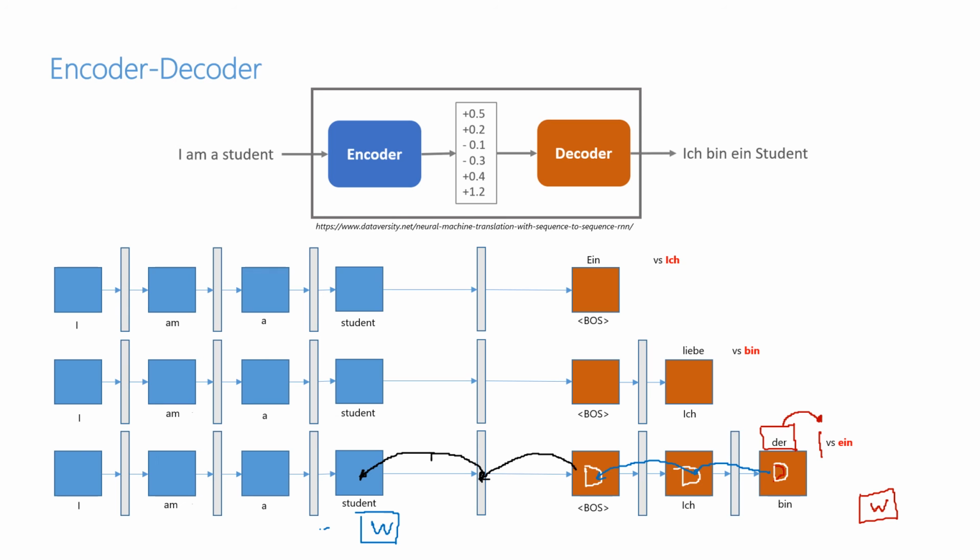So we update the weights of the encoder, and we propagate back, and back, and back. Here the weights of the encoder get updated 4 times, and the weights of the decoder get updated 3 times.